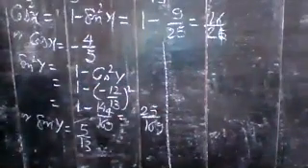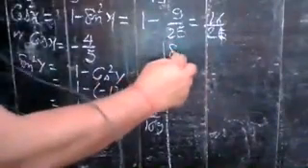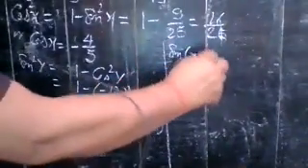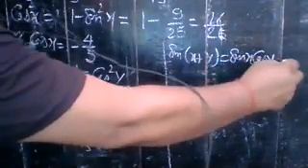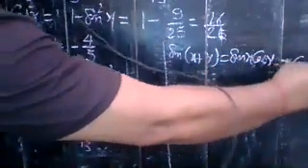So applying the identity, sine x plus y is equal to sine x cos y plus cos x sine y.